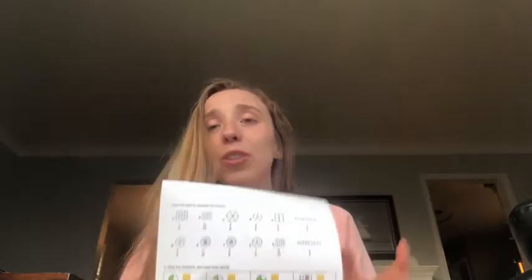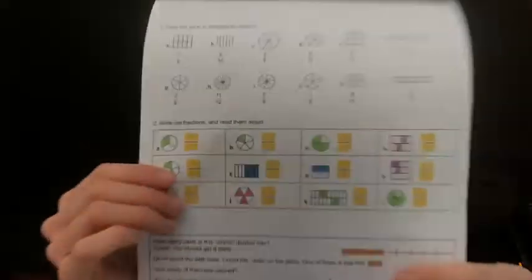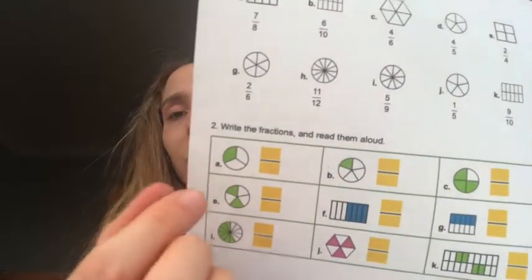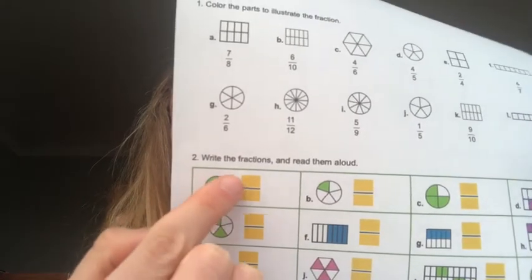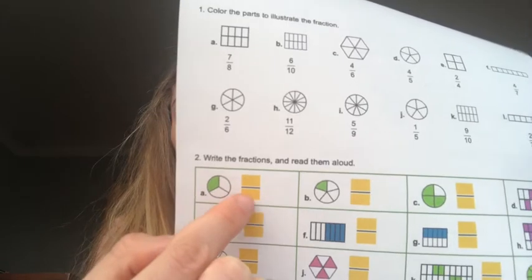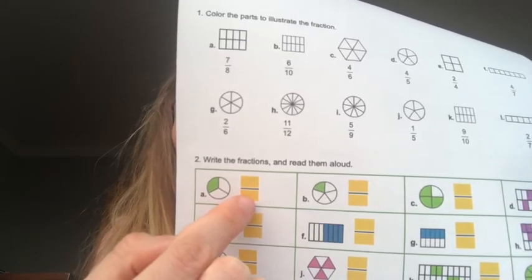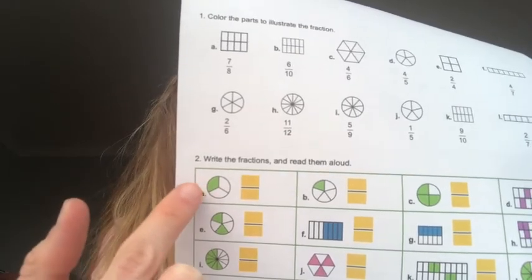Once you're done that, you're going to move on to number 2, and now the shapes are already colored for you, and you have to say what the fraction is. So for example, here, you're gonna count how many pieces we have in total. So 1, 2, 3. So 3 becomes your denominator. Now we have to look at how many are colored. Only 1 piece is colored.